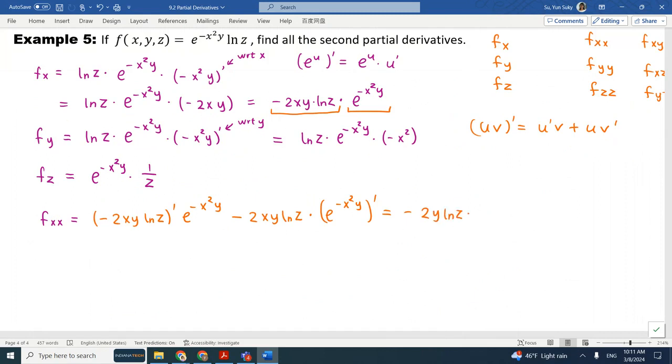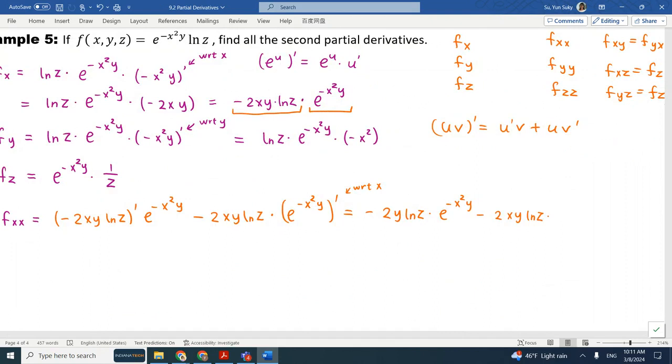The derivative of x is 1, and the y and ln z are just numbers. The number stays here. Then e to the negative x squared y, and then minus 2xy ln z, times the derivative of e to the negative x squared y with respect to x.